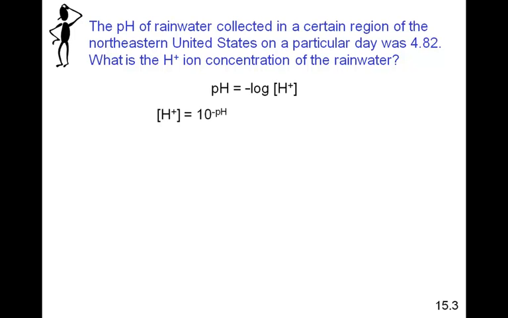So all we have to do is raise 10 to the minus pH power, and we get the answer. So it's 10 to the negative 4.82 since the pH was 4.82. And the H plus concentration comes out to be 1.5 times 10 to the negative fifth moles per liter.